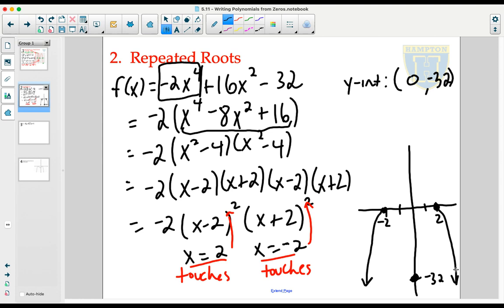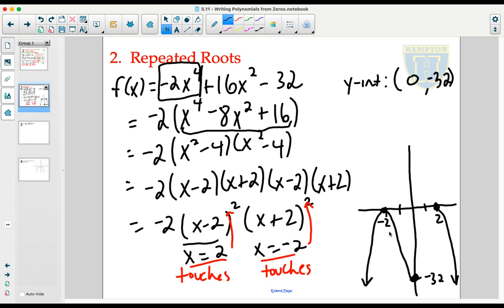In between, that end behavior is a little bit trickier. Even if I didn't know the rule for repeated roots and whether or not a graph is going to touch or cross the axis, I would have to think that right here, it's going to come back down and go through negative 32.